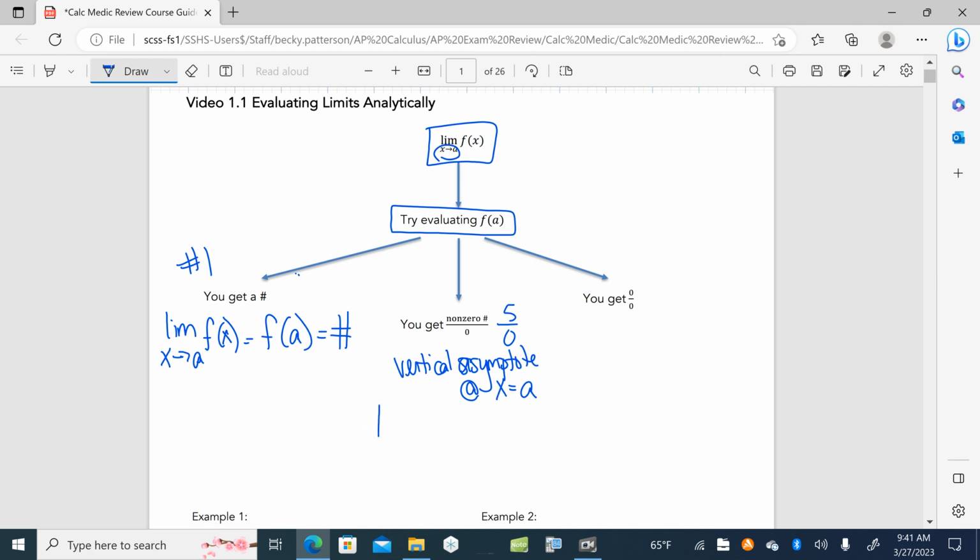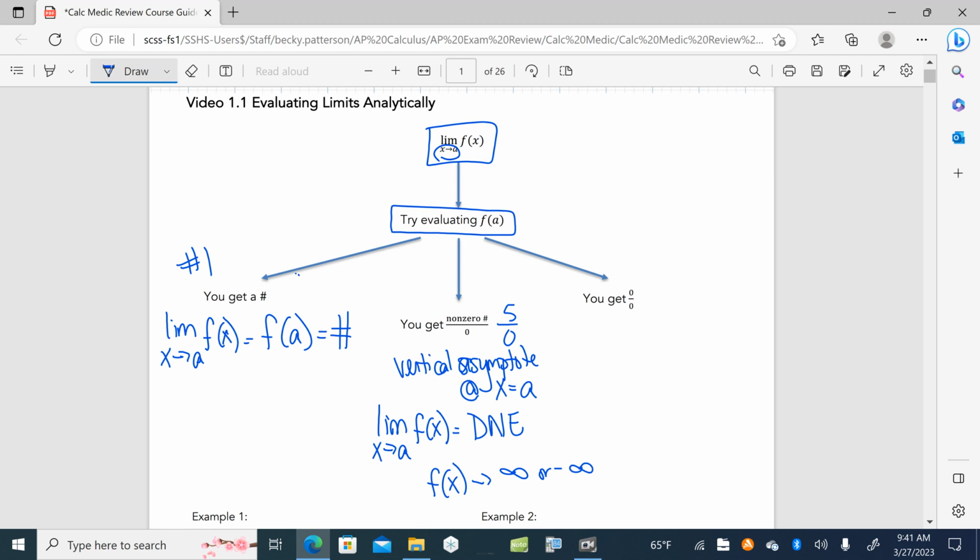So what you're going to say is the limit as x approaches a of f of x does not exist because f of x is headed towards either infinity or negative infinity.